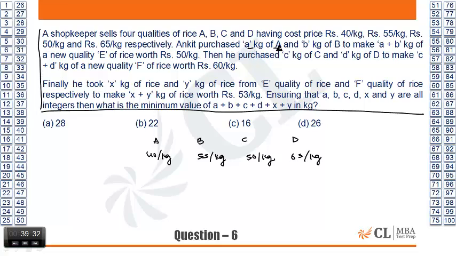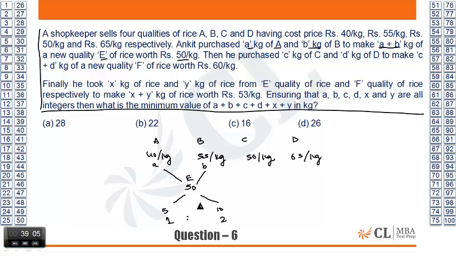Ankit purchased A kg from A and B kg from B to make A plus B kg of the new quality E worth 50 per kg. Which means this is quality E at 50 per kg, so the differences will be 5 and 10.